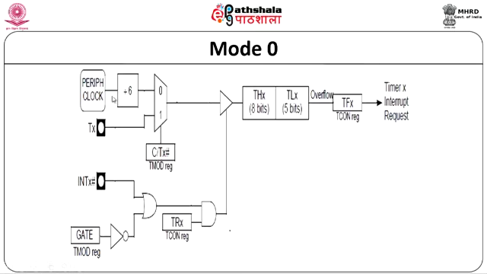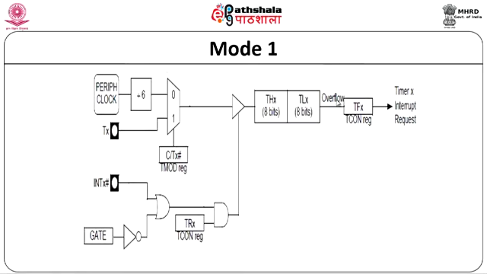If not, each time the clock is divided by 12 and you get your increments. And remember, this should operate only when TR is equal to 1. If the timer control is 1, only then whatever we give has to go through this particular path. That is what the whole setup tells you about how mode 0 is operated.